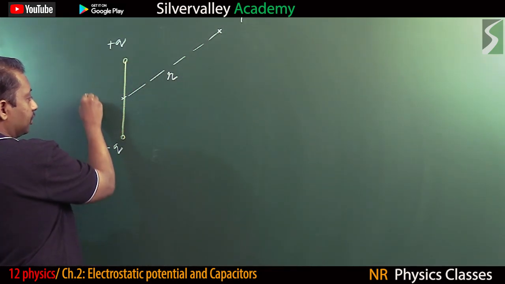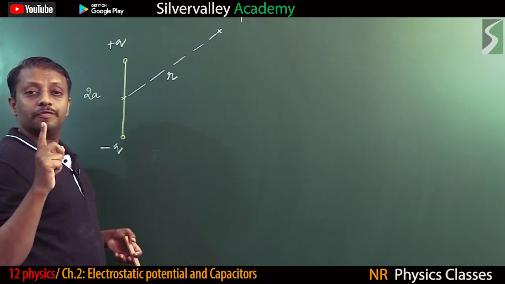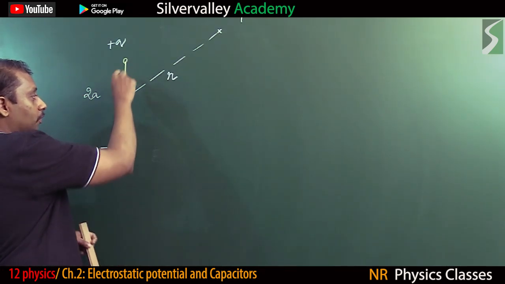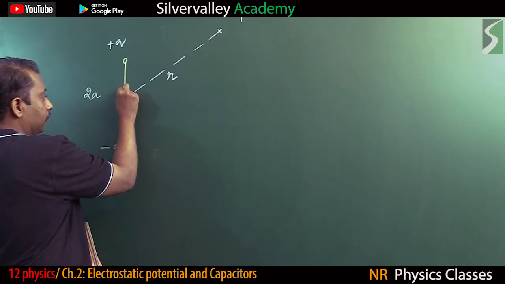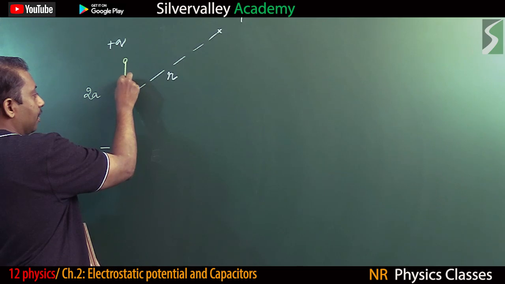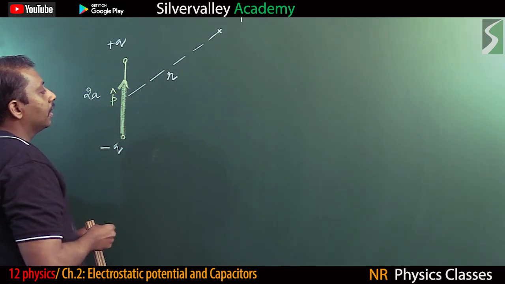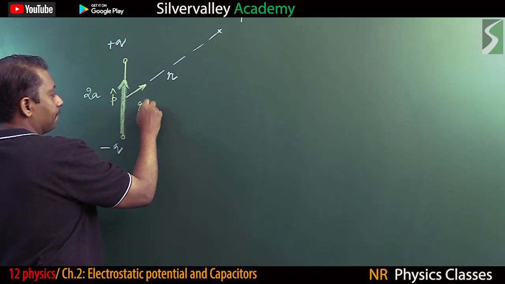Distance between these two charges is 2a. Direction of electric dipole moment is from minus q to plus q along the line joining the charges. So this is the direction of dipole moment, p cap. This is unit vector, r cap.